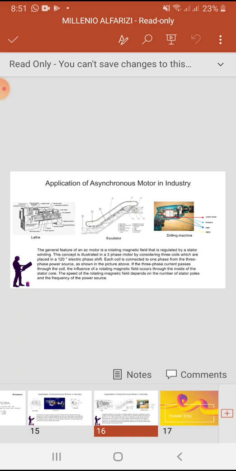As shown in the picture above, if the three-phase current passes through the coil, the influence of a rotating magnetic field occurs through the inside of the stator core. The speed of the rotating magnetic field depends on the number of stator poles and the frequency of the power source.